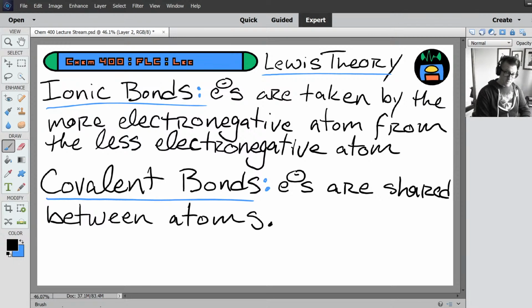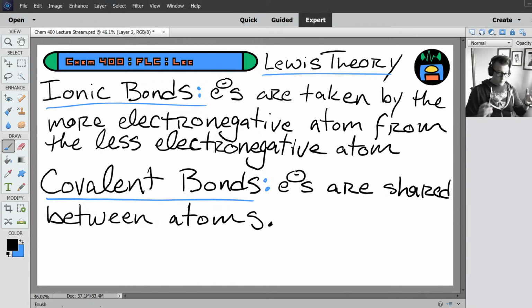So with ionic bonds, it's very competitive. The more electronegative element will take electrons away from the less electronegative element. For covalent bonds, it's more of a cooperative environment where they share electrons between the two atoms.